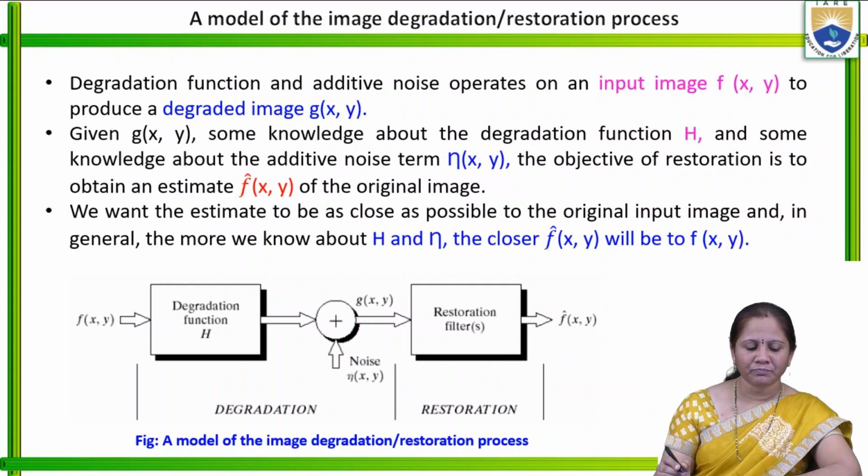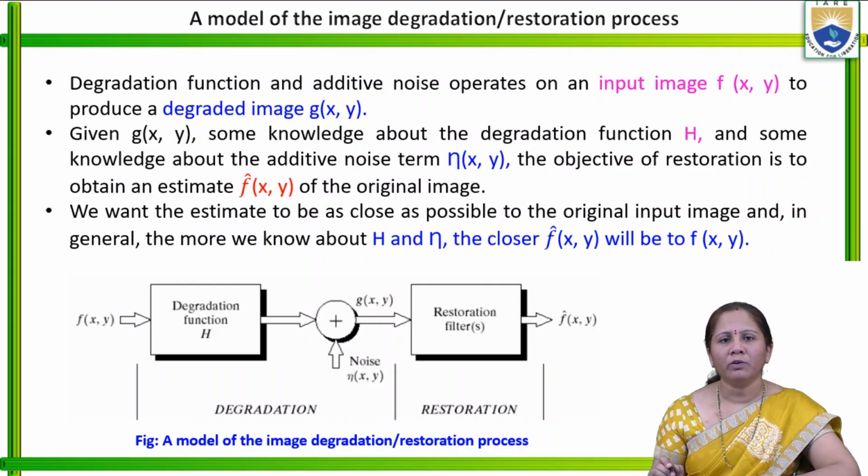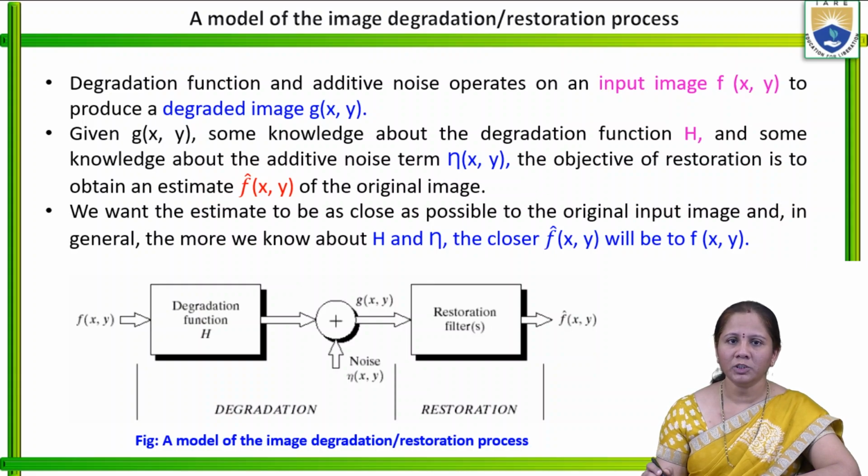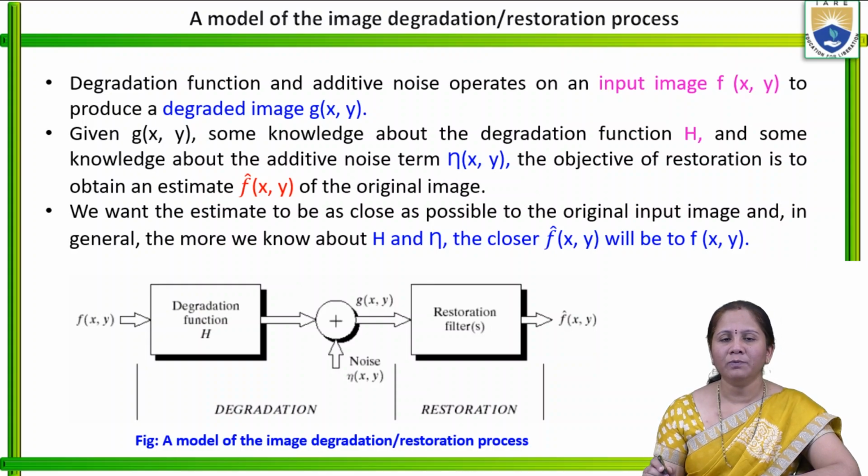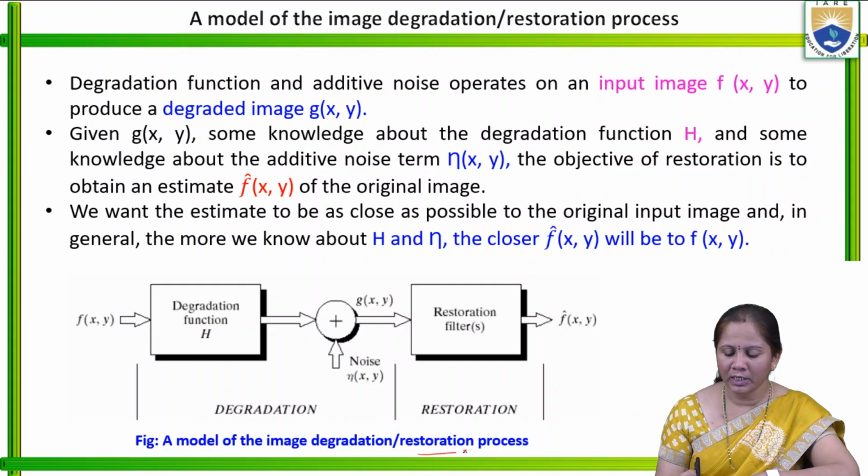That means the process of retrieving the original image from the degraded image we call image restoration. Inverse filtering and Wiener filtering are used for image restoration. Not only these two, there are different filters which are also used for image restoration. Before going to these two filters, we need to have an idea about the image degradation and restoration process.